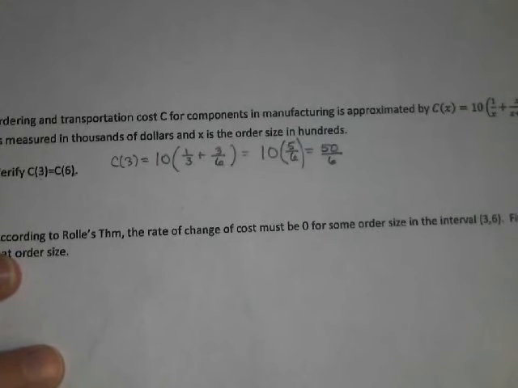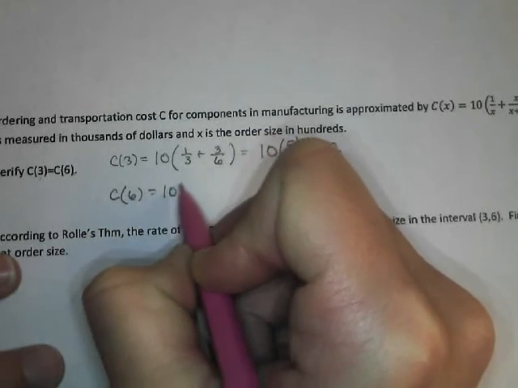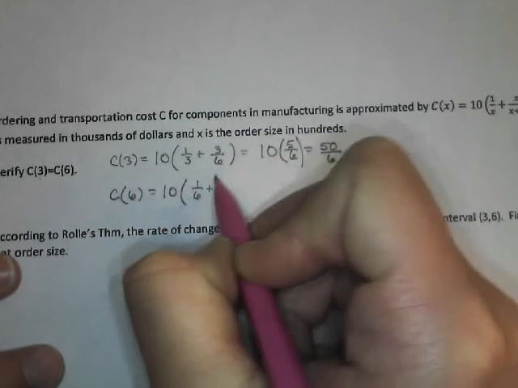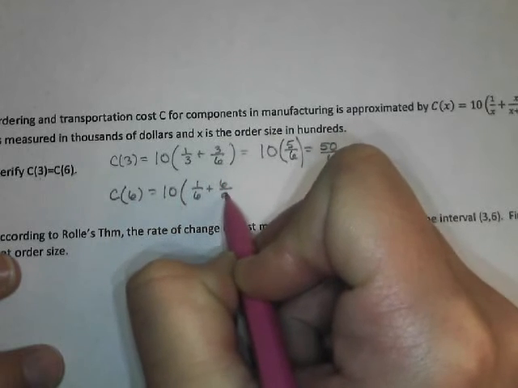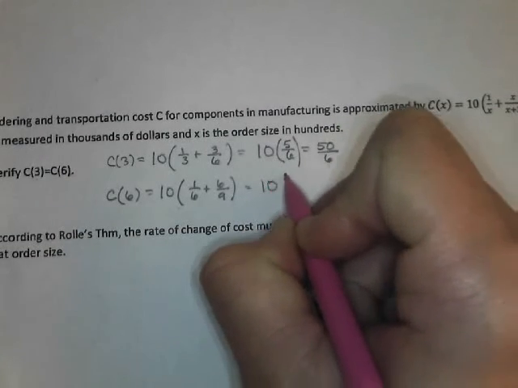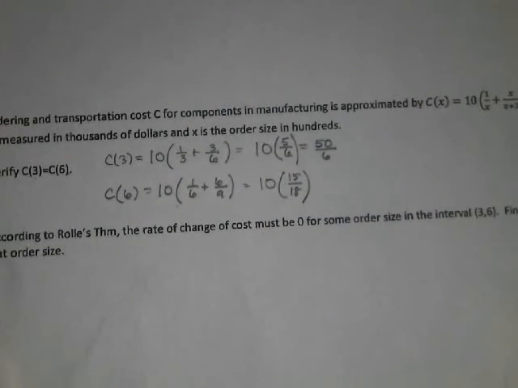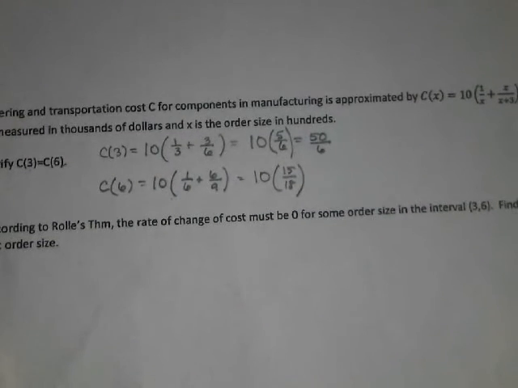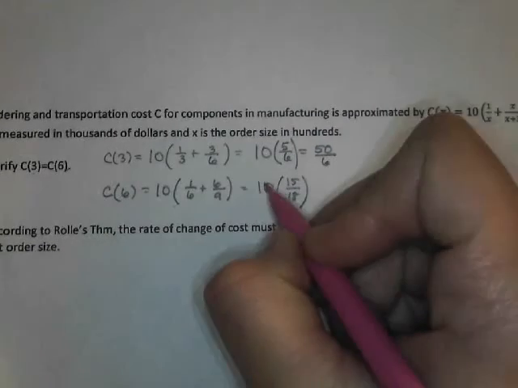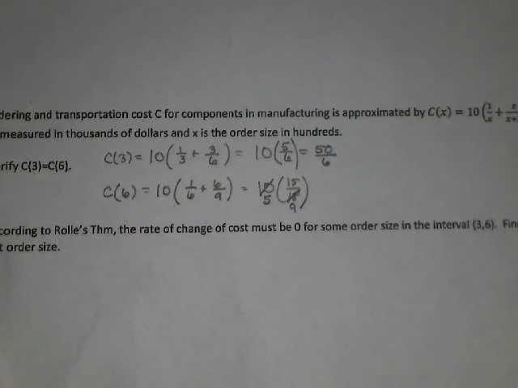That's going to be 3/18 plus 12/18, which is 15/18. Can I reduce my 10 and 18 to 5 and 9? Reduce my 15 and my 9 by 3, so I get 5 over 3. So I get 25 over 3, which is what this would have reduced to as well.